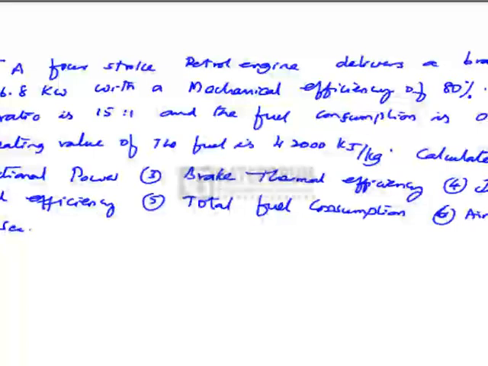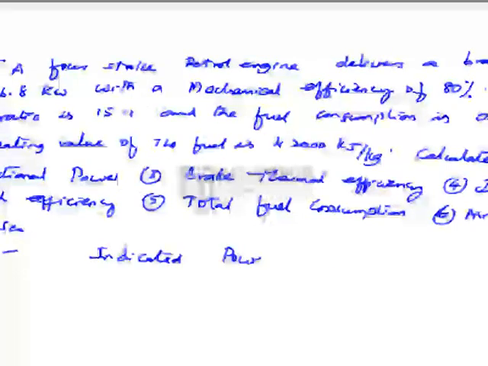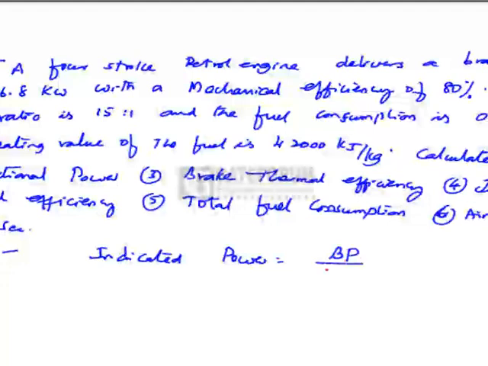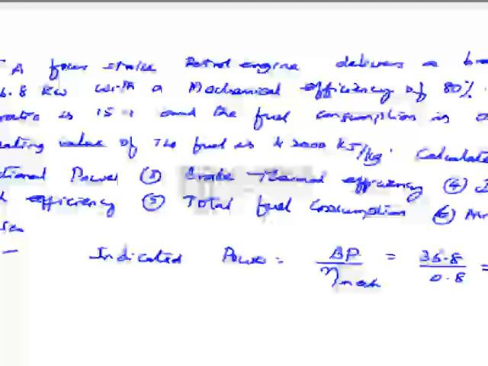The solution to this problem could be given as, because BP is given and mechanical efficiency is also given, immediately we could calculate the indicated power, that is brake power divided by mechanical efficiency, that is 36.8 divided by 0.8, which comes to 46 kilowatts.